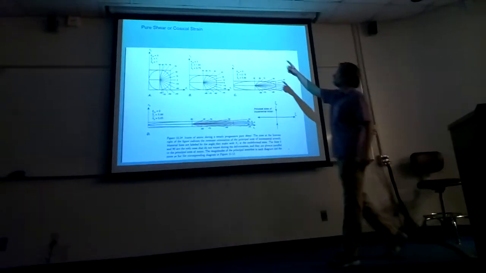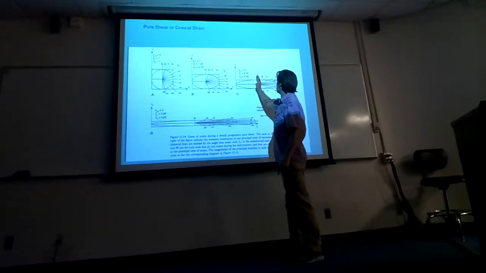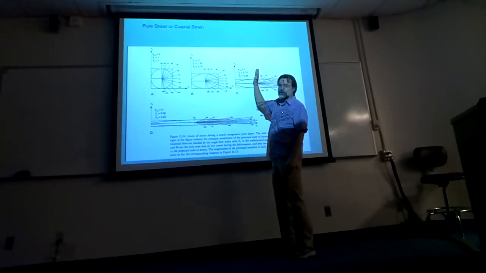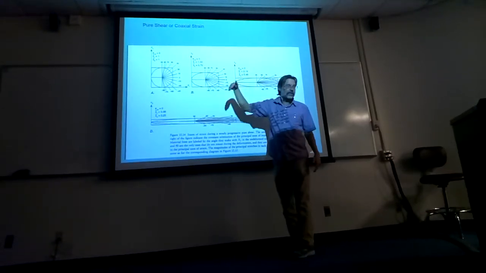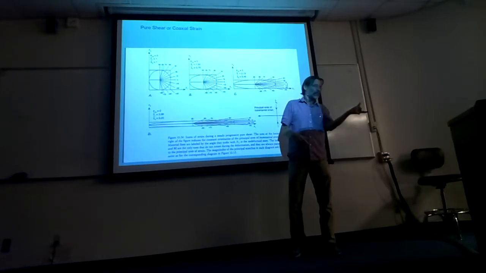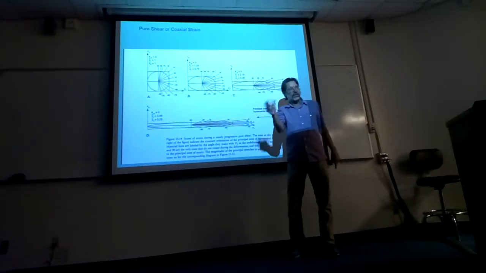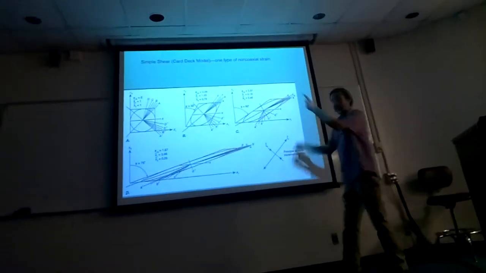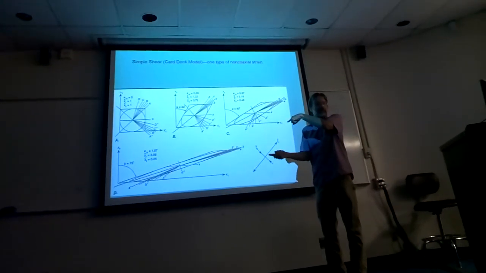In this pure shear coaxial strain example, all line elements on this side rotate this direction, but it turns out all elements on this side rotate the other direction. So some line elements rotate one way, the others rotate the other way. In simple shear, all line elements rotate in the same sense.